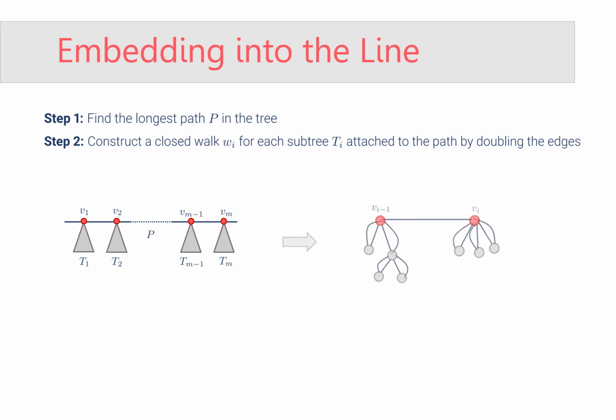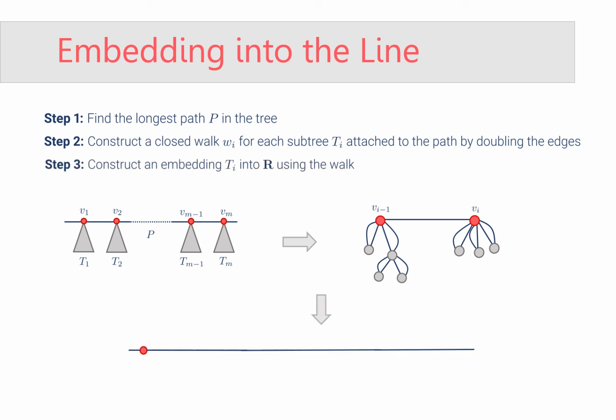For each of the subtrees, we construct a closed walk by doubling the edges right here. And then we just traverse this walk like this in order and embed each of the vertices we encounter on our way, keeping the distance between the previous vertex we embedded and the current vertex we are embedding equal to their respective distance in the subtree.